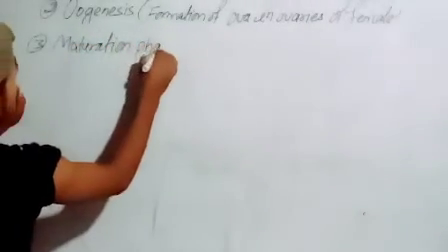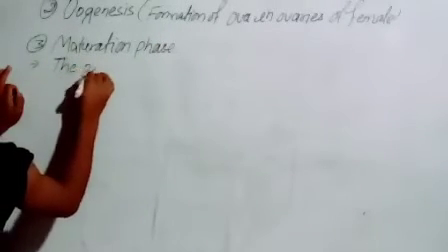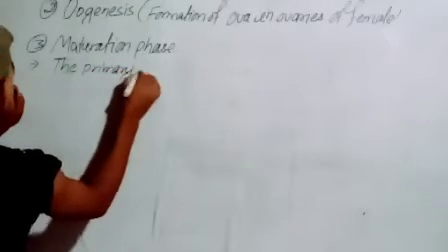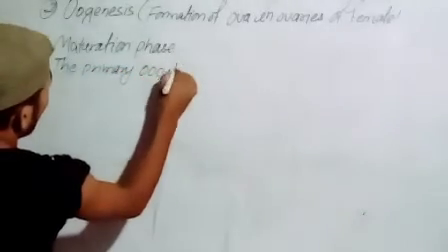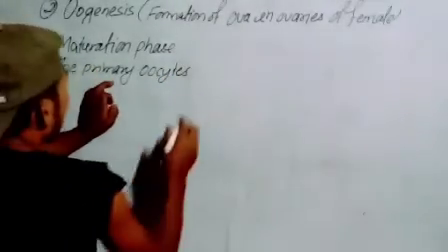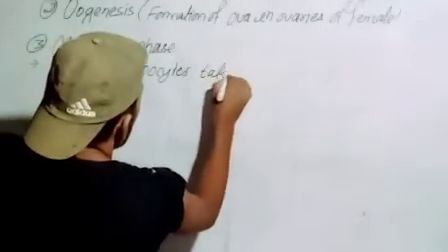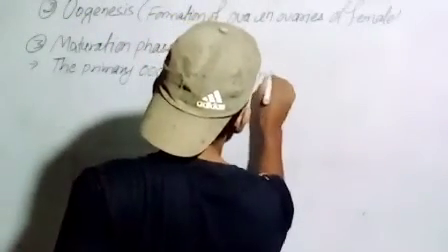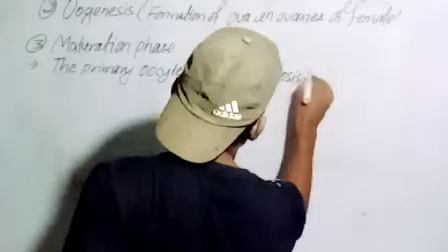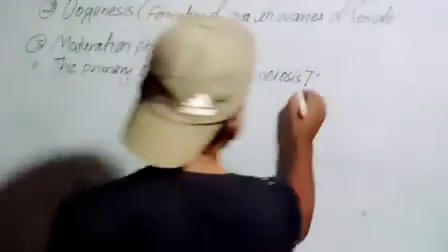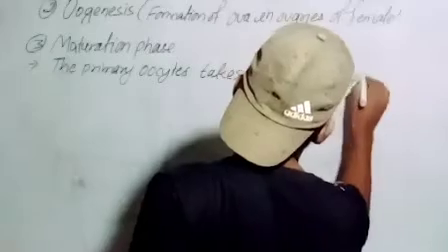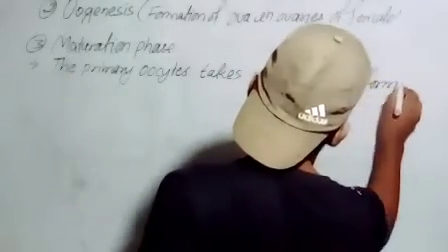In the maturation phase, the primary oocytes undergo meiosis first and form the secondary oocyte.